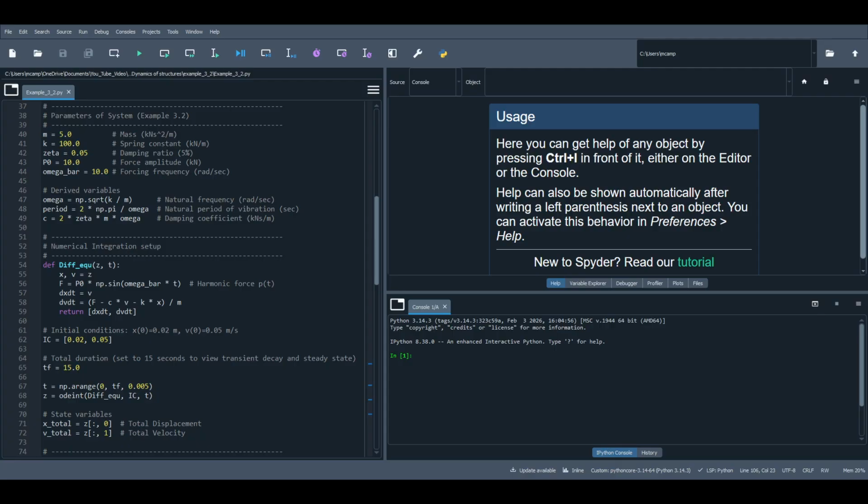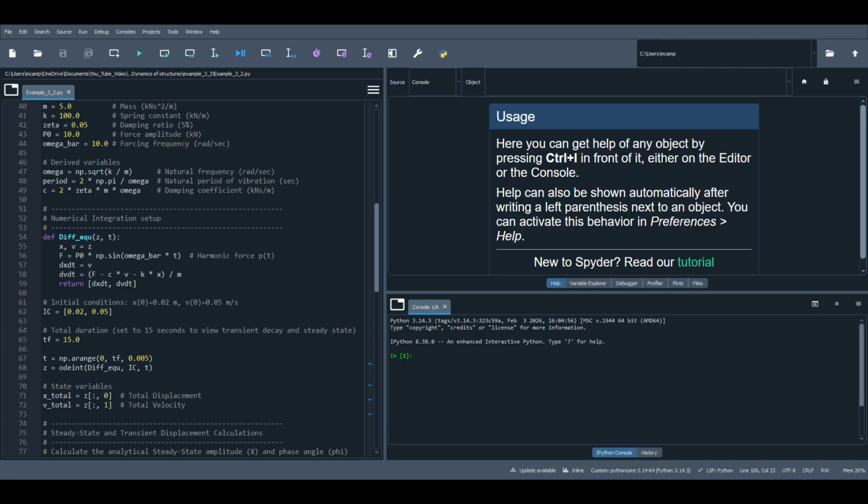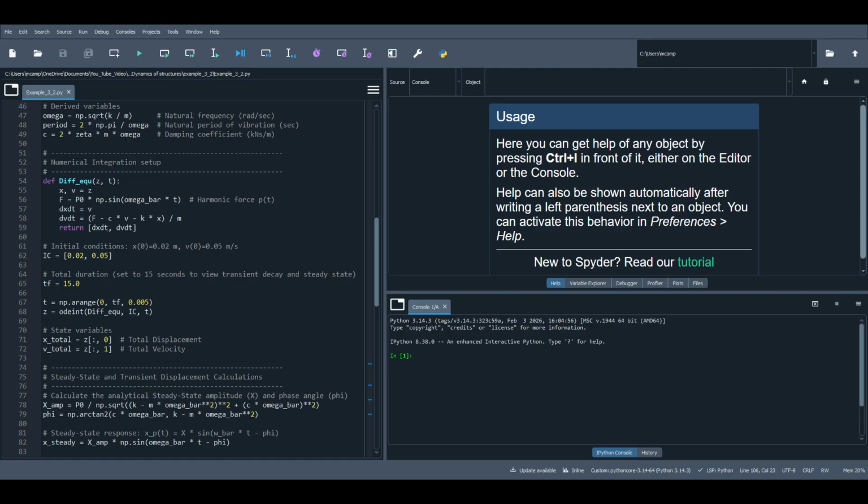After that there is the numerical integration, solving the ordinary differential equation. So there are the initial conditions of the displacement and the velocity.